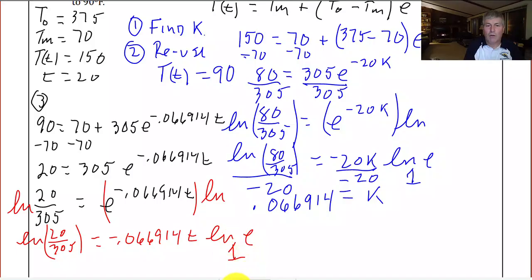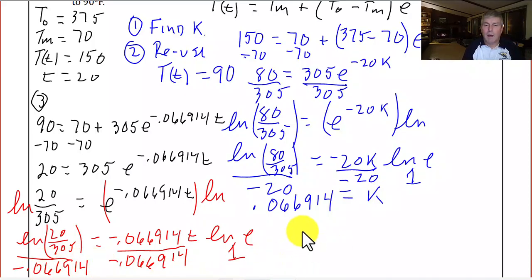The natural log of e is 1. Divide both sides by negative 0.066914 to isolate t. And I'll put that in my calculator. All of this on the left side is going to be what t is. Let's see what we get.